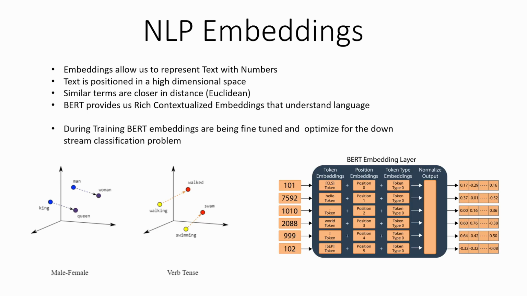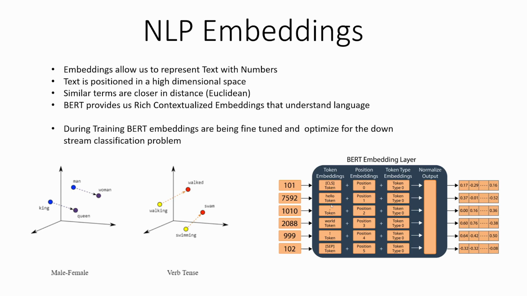Our tokenizer, BERT, has been trained on a large amount of data and will provide us really rich contextualized embeddings that understand a lot of different English language very well. Here we can see how BERT represents a simple phrase numerically.